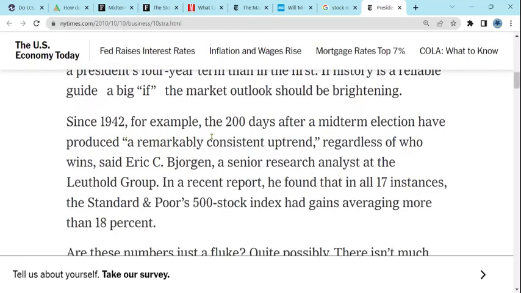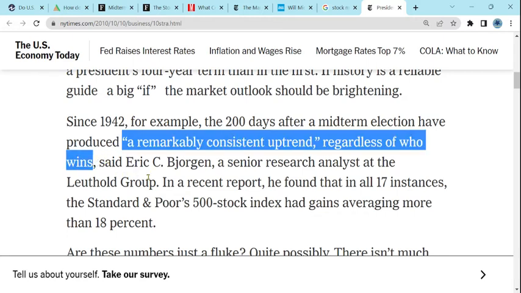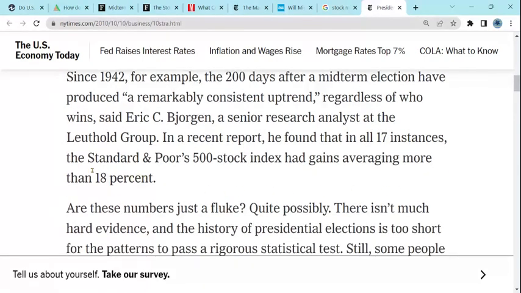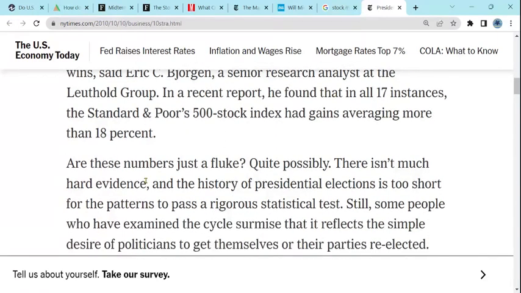Since 1942, the 200 days after a midterm election have produced a remarkably consistent uptrend, regardless of who wins. So again, remarkably consistent uptrend regardless of who wins. In this report, they found that in all 17 instances, the S&P 500 gained an average of more than 18%.